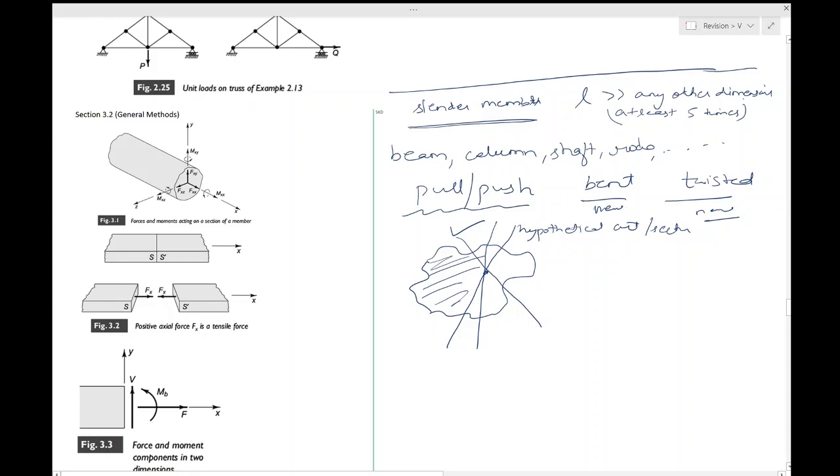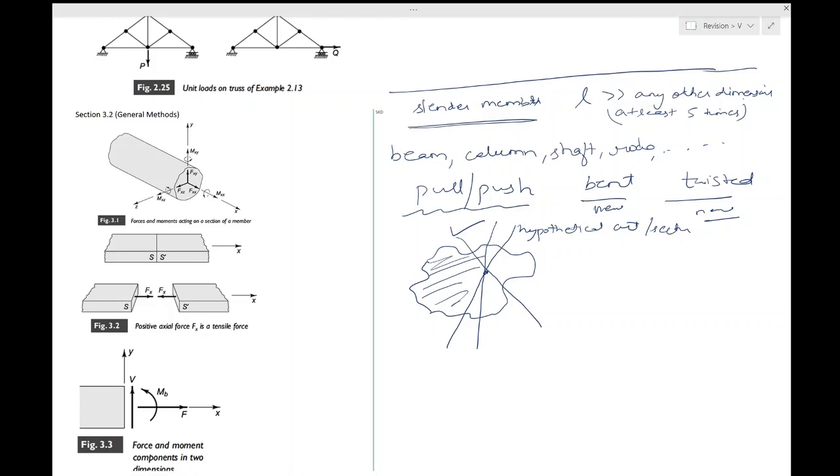Each one of them will hypothetically cut this solid into two separate parts, and hence the orientation of this plane plays a very important role in how we study forces and moments in a slender member, specifically in this chapter and any solid for that matter.